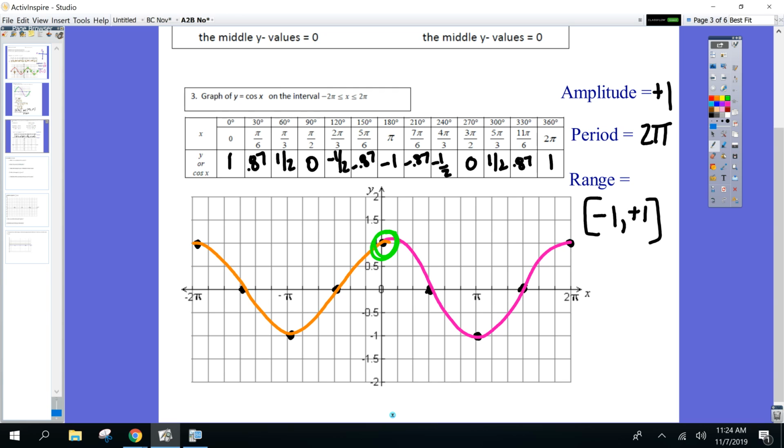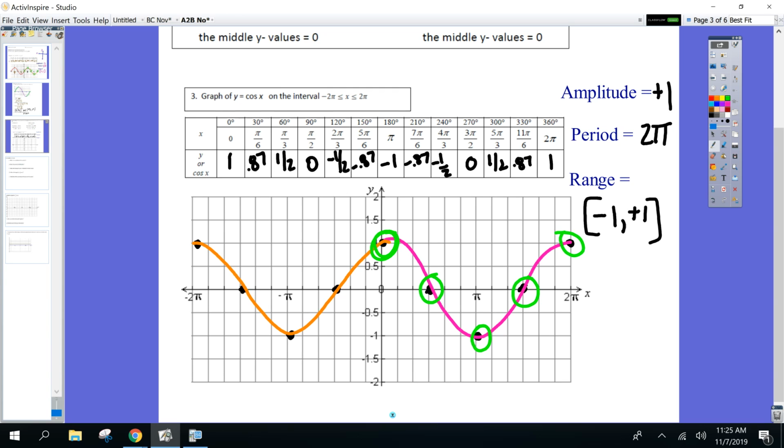Pi over 2. What's the point? 0. So it starts at its max, goes to 0, then goes to its minimum, then travels back to 0 and ends at its max. Okay, so cosine starts at its max, 0, min, 0, max, and again, you're not going to memorize it, you'll just know it by doing so many of these graphs.